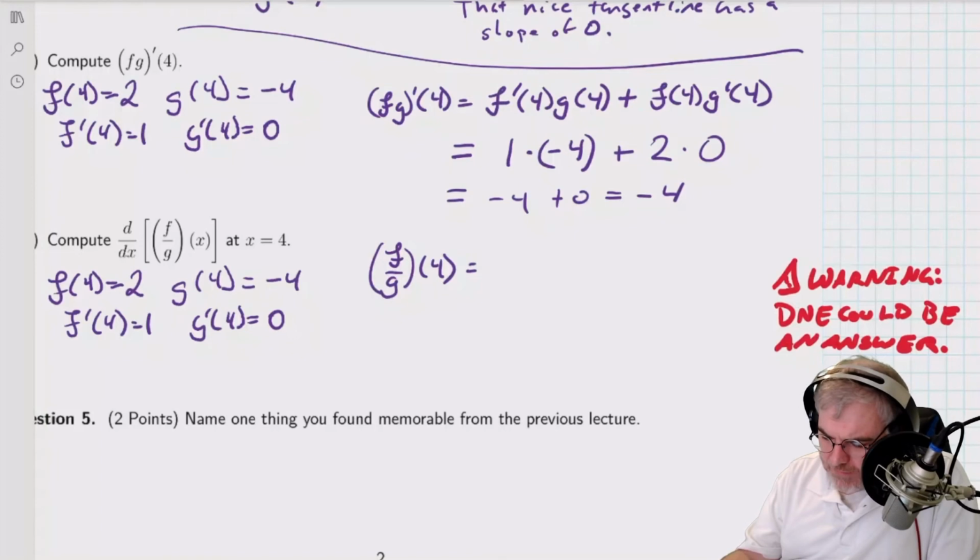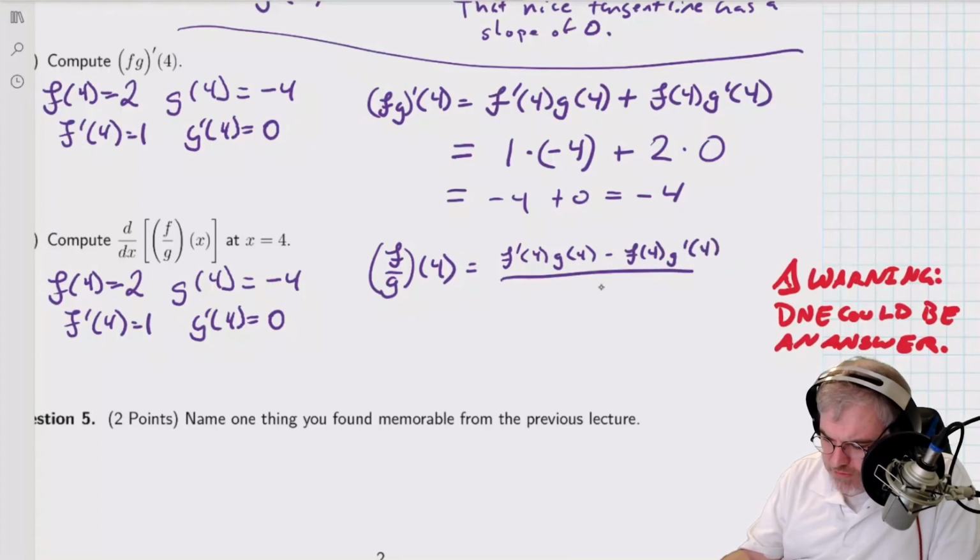All right, so I'm going to write out the rule. F prime of 4, g of 4 minus f of 4, g prime of 4 over g of 4 squared. And then I'm just going to read them off. So this is 1 times -4. I'm going to be very careful with that -4 again. Minus, this has got to be 0. Who cares? But we'll just do it like that.